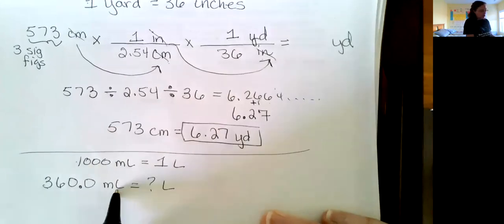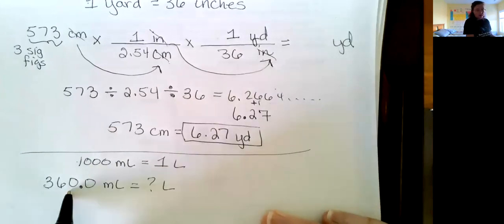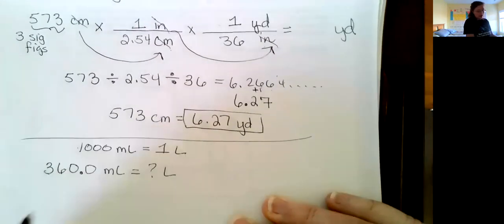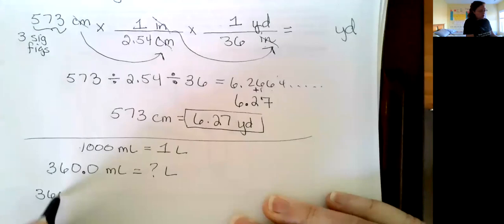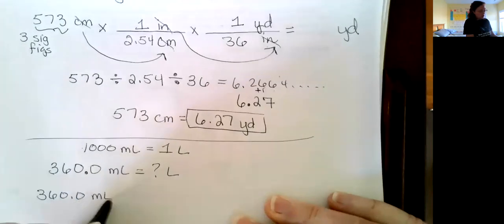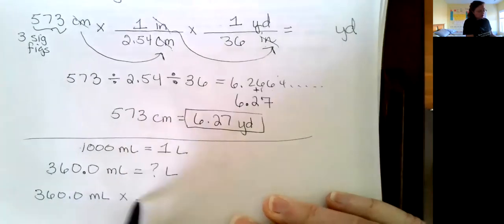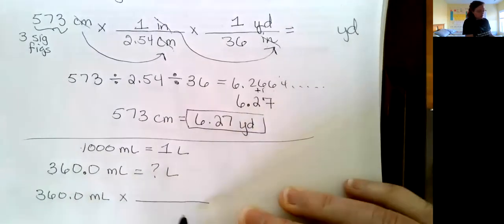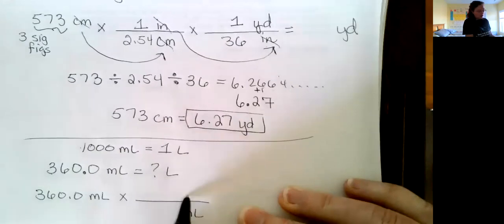Again, we have 2 units, and we technically have 3 numbers here. Using the factor label method, we would start with the 360.0 milliliters times, in a line, put the milliliters on the bottom, and the liters on top.